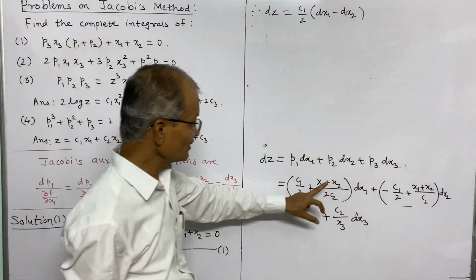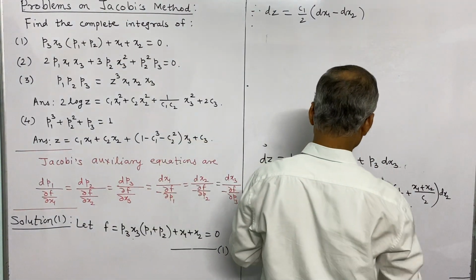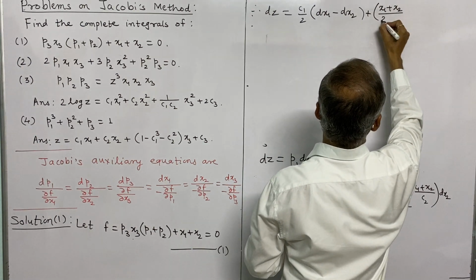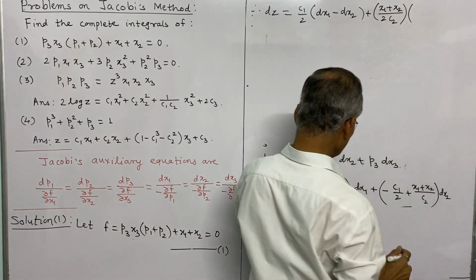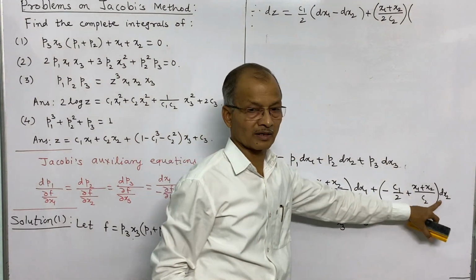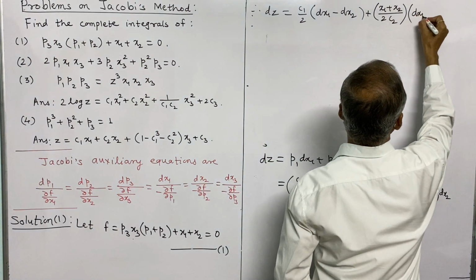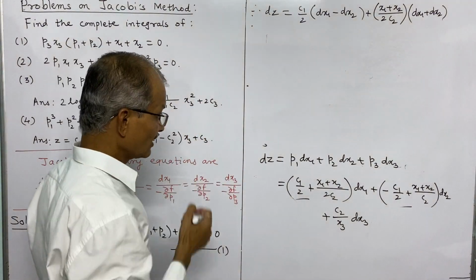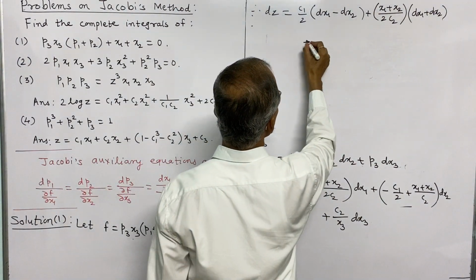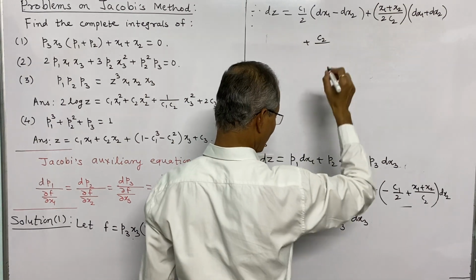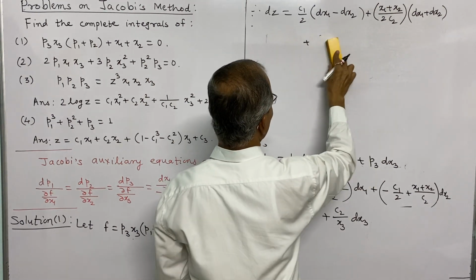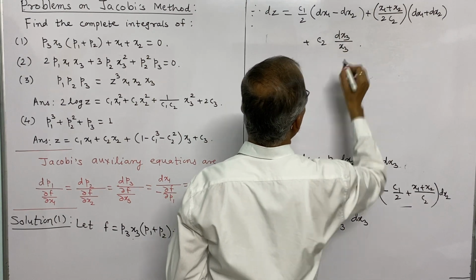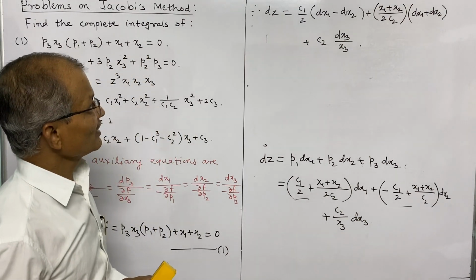And next, again this is common, (x1 plus x2) divided by twice C2 plus (x1 plus x2) divided by 2 times C2, and what remains in bracket is dx1 plus dx2. And now next is the last term, plus C2 times dx3 by x3, or that can be written as C2 dx3 divided by x3. It is easy to integrate.